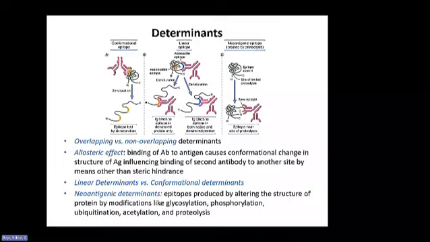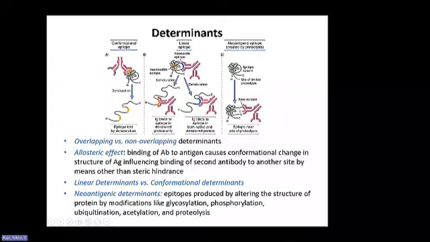So let's talk about those determinants or epitopes. So the epitopes on an antigen. So let me see if I can show you. Okay, so here is a macromolecule. This is a polypeptide chain that is folded in a certain way. And because of that folding, it gives rise to a structure that can bind to an antibody.